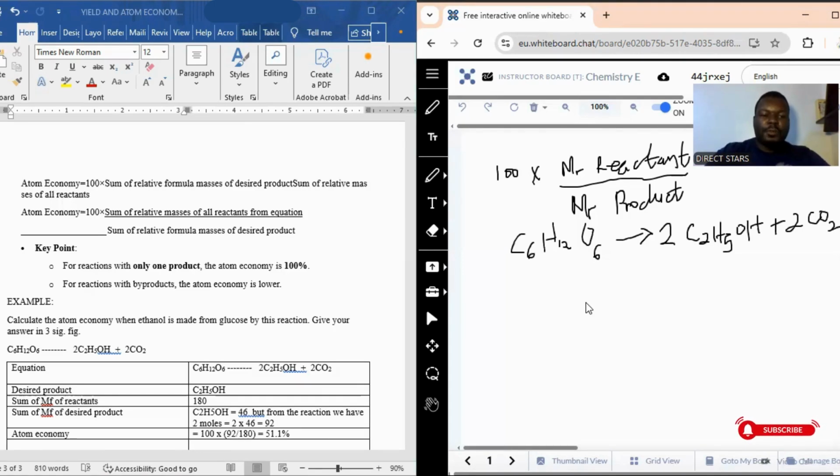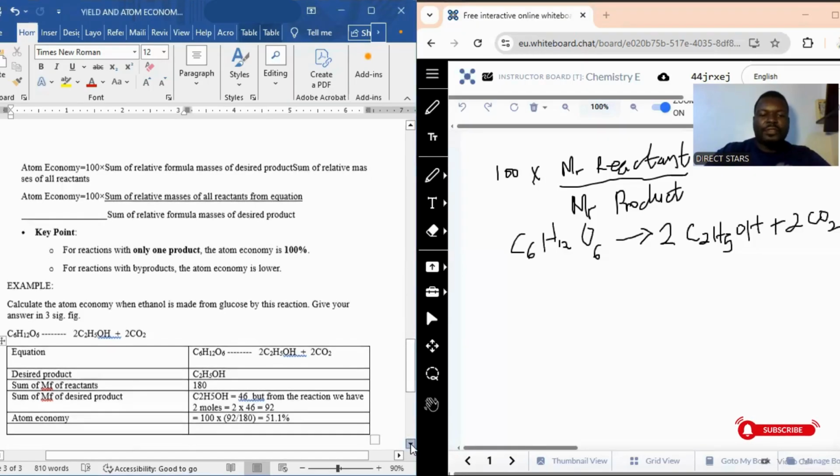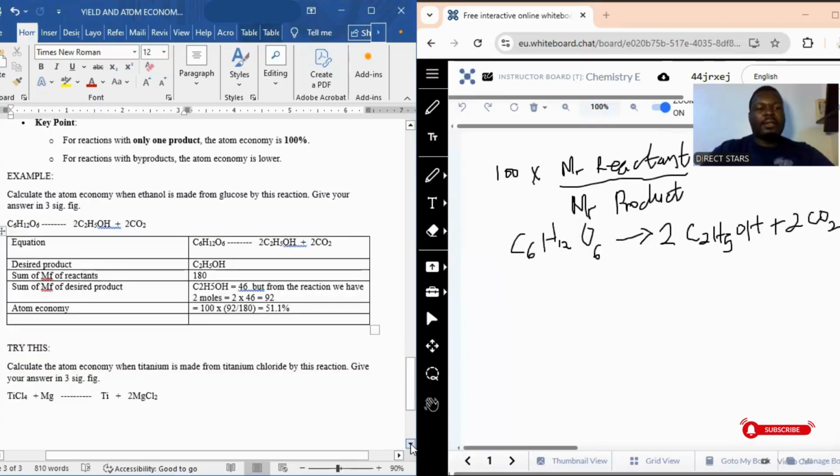For glucose, we have 6 carbon, as suggested in the table here. I will just give us glucose as 180 to save our time. If you're surprised, I will show how I got 180. From a periodic table, the mass of carbon is 12.